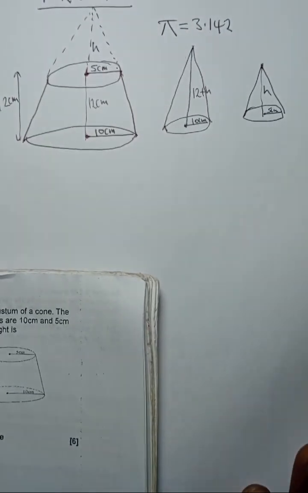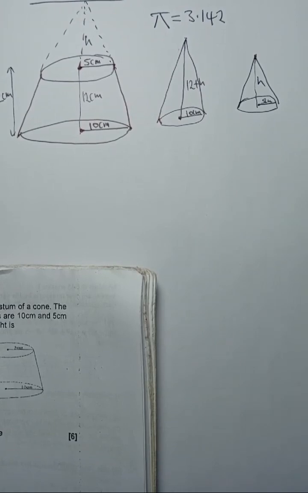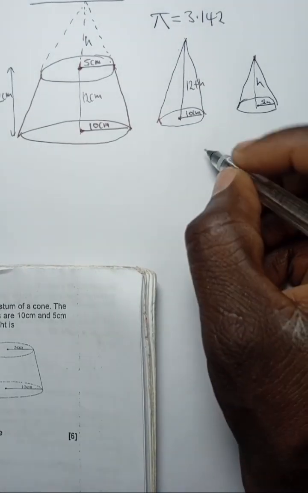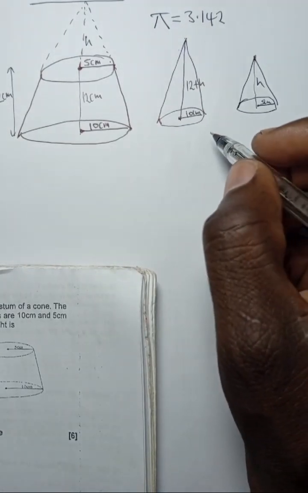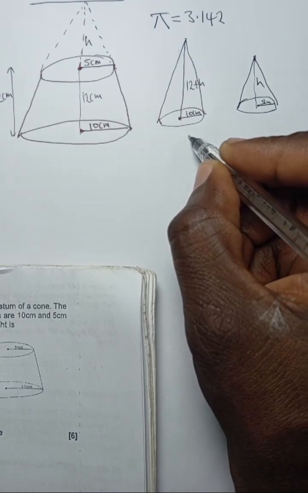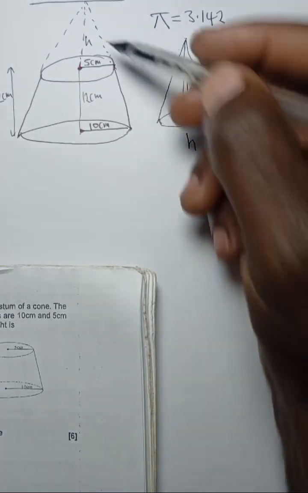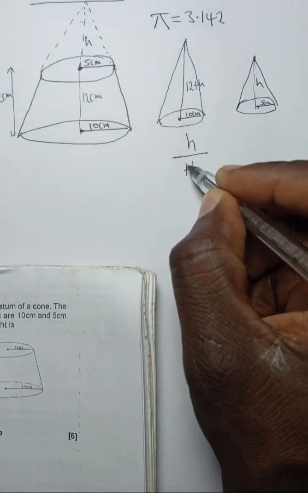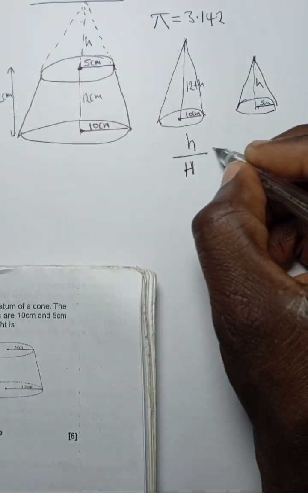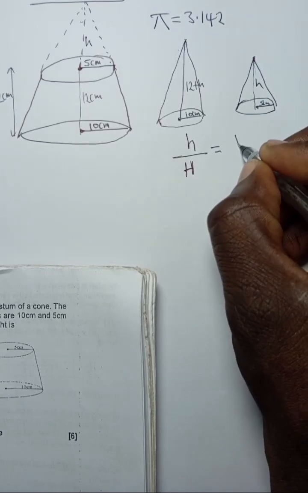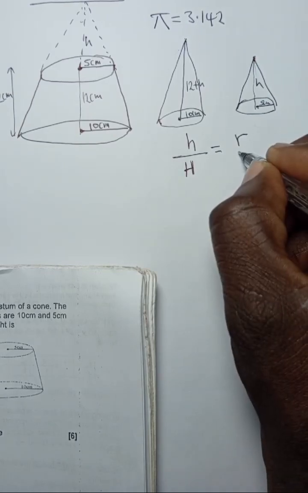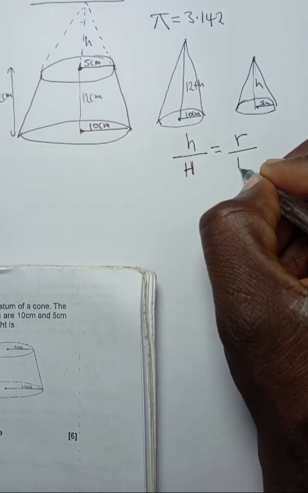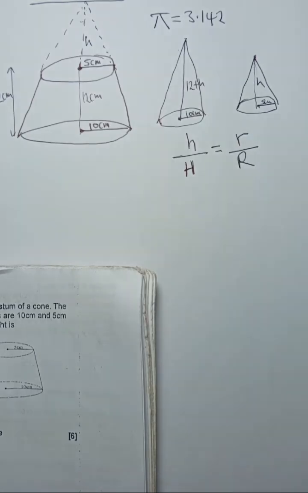So first thing here you're going to find is the height. We use similar figures, similar shapes, which tells us that the height of the smaller cone corresponds to the height of the bigger cone, which is equal to the radius of the smaller cone corresponding to the radius of the bigger cone.